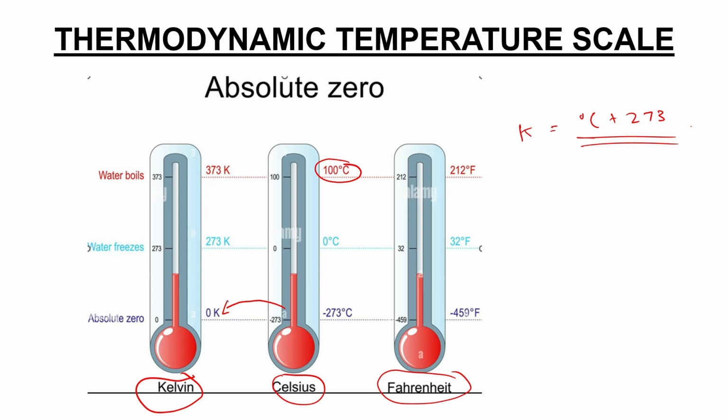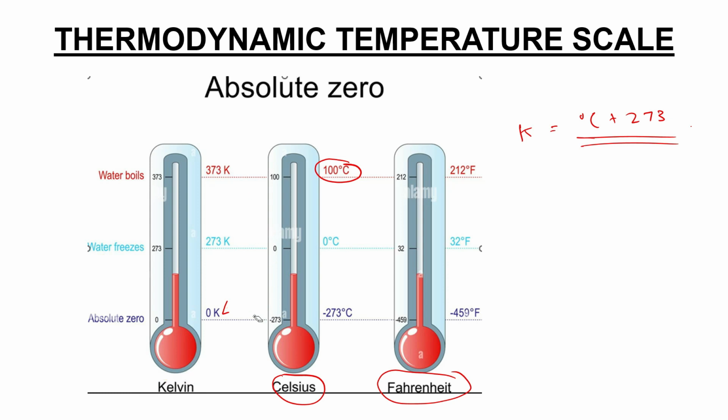Here the absolute temperature is 0 Kelvin. This is the minimum temperature; you cannot go below absolute zero. It is also impossible to get 0 Kelvin. At 0 Kelvin, the pressure of the gas is 0, that means all the molecular motion will come down to 0.